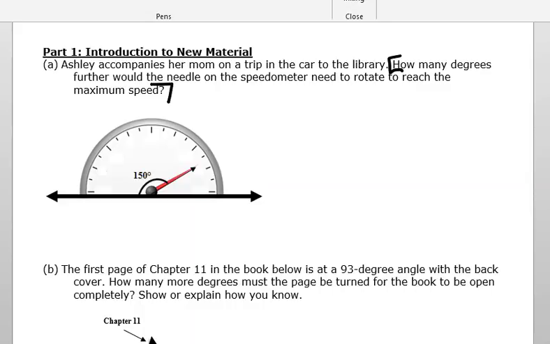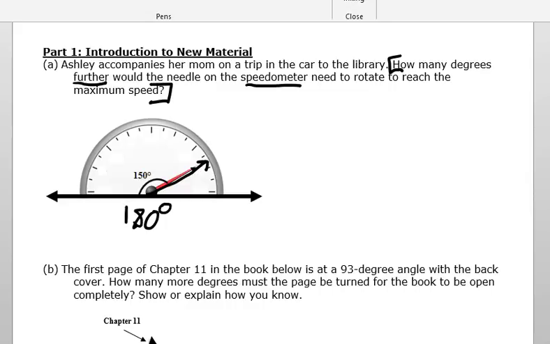Okay, so this is my straight line, and I know that my straight line is 180 degrees. And we know that she is already at 150 of those 180 degrees. Please don't get that confused with miles per hour.